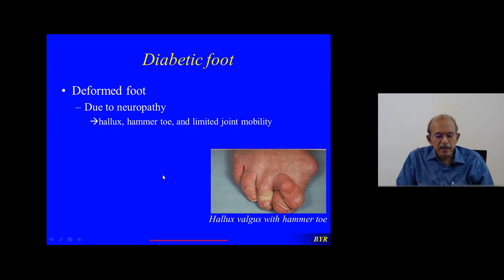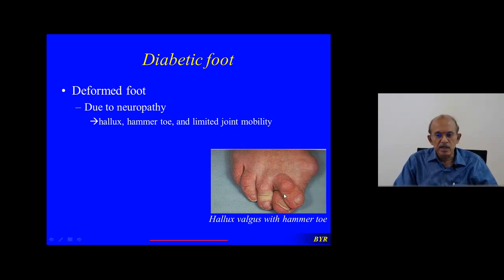Bent towards the midline is varus deformity. Bent away from the midline is called valgus deformity. Hallux means great toe. Pollex means thumb. So hallux valgus means the great toe bent away from the midline. You can see here the great toe is deviated to the lateral side.